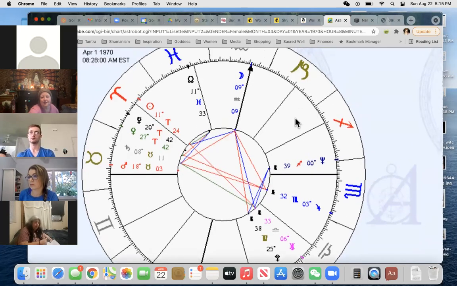Okay, so now that's your 7th house. So that's your relational house. Now your 8th and 9th houses, the house of the occult and sex and death, and your 9th house, the house of what's your overall purpose, don't have any planets in them, which is probably why you've always known you're supposed to be a healer, but it's probably been hard for you, especially with this Sagittarius influence over here, to pin yourself down to just one thing.